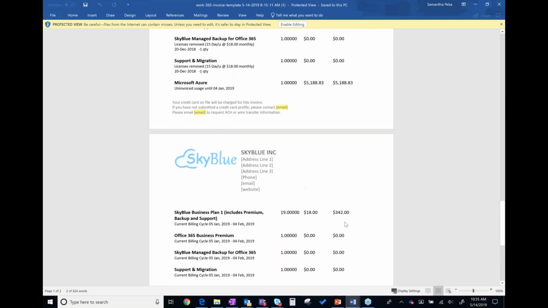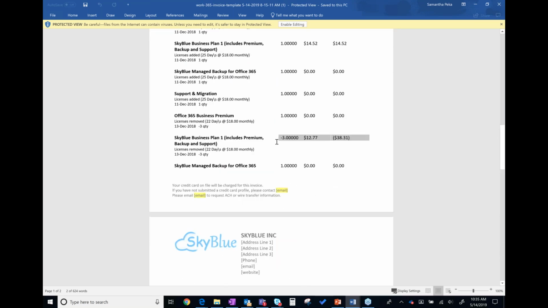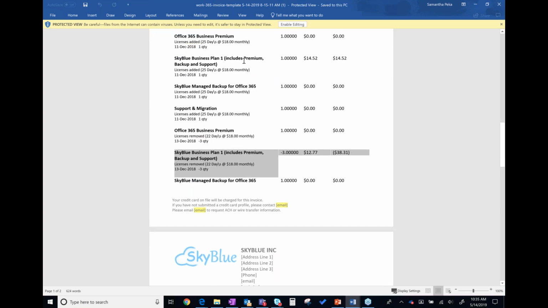Whereas if you had a subscription adding a license, it's going to calculate the specific days left in the billing cycle that are billable, multiplied by the proration amount against the quantity, and you get your total. This is a positive number, so it's just added to the total.